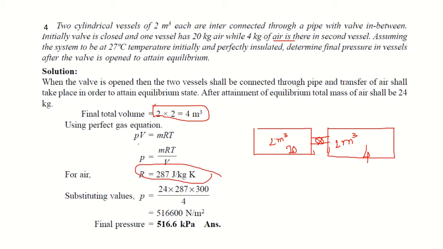Mass is 24 kg, temperature is 27 degrees Celsius, so 300 K. Volume is 4 meter cube. So you'll get the pressure. The final pressure is asked in the question. It's a very simple example, right?